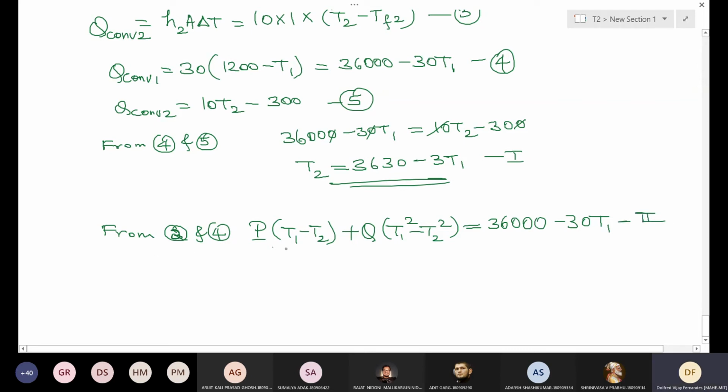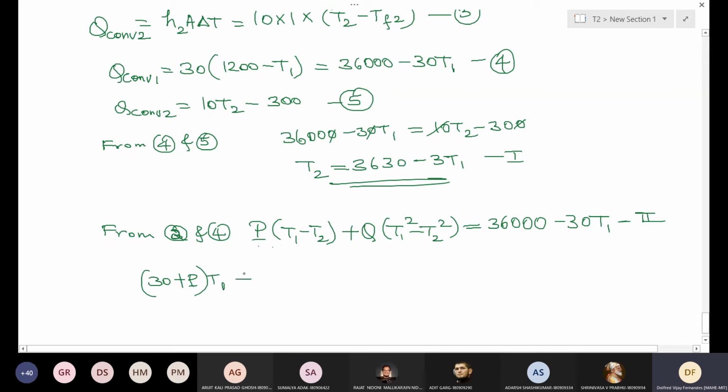Further, we can separate out the T1 and T2 terms. We have P into T1 and here minus 30 into T1, so I can write (30 plus P) into T1.